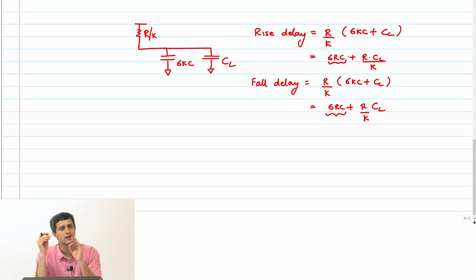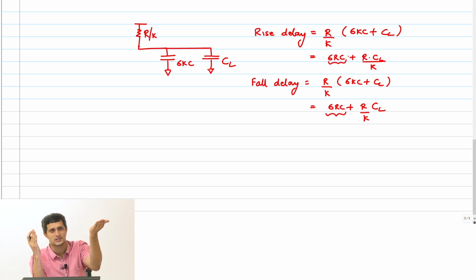On the other hand, the delay that is incurred in charging the fixed load capacitance falls as 1 over k, which is totally understandable because that's a fixed load capacitance, and what I am doing by increasing my transistor size is to reduce the resistance, which means the delay has to fall overall, right?